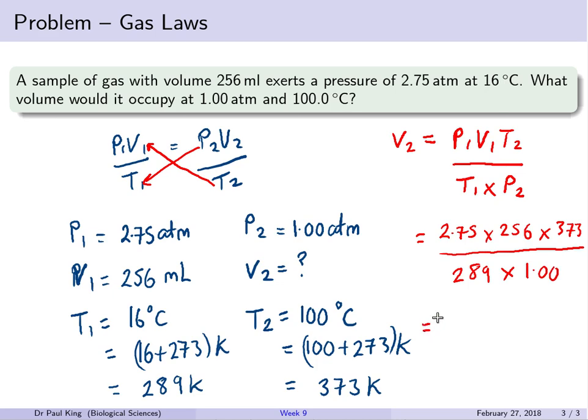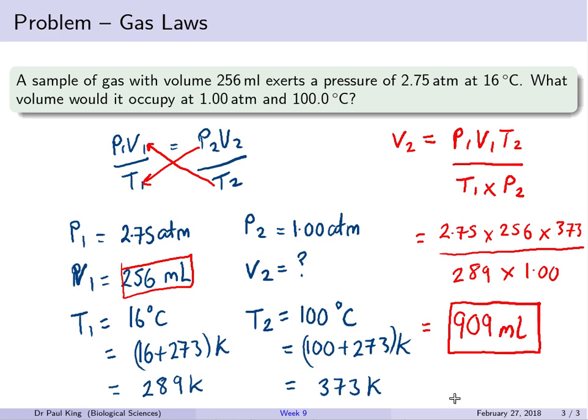And if we work that out, we get a result of 909 for our volume. The units will be the same as the units for our initial volume, which is milliliters. Okay, so the final result of this calculation says that the final volume in this case is 909 milliliters.